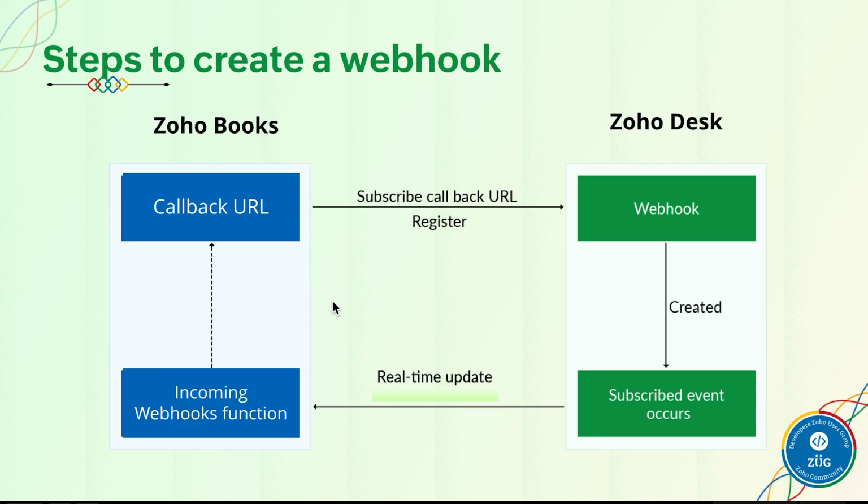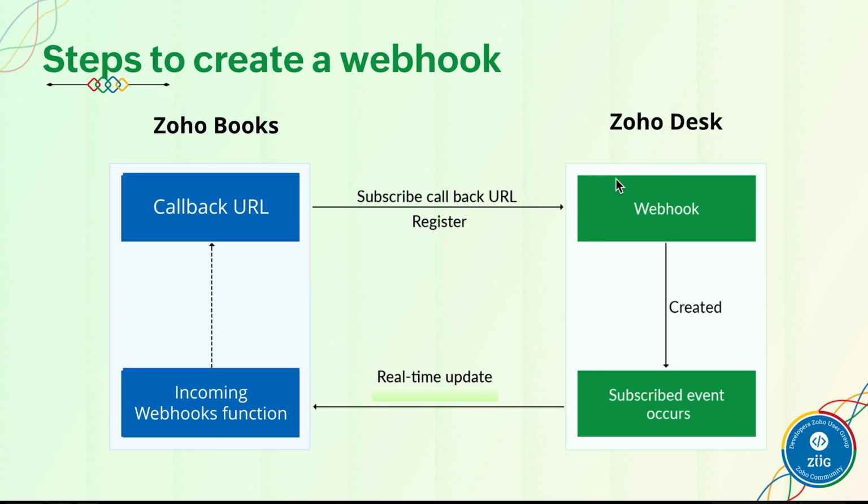In our use case, the core concept we are focusing on is webhooks, right? So this slide includes a visual representation of how the webhooks have been implemented. We are working with the integration between Zoho Books and Zoho Desk. Within Zoho Desk, the event is going to happen, that is, adding a new contact is going to take place, right?